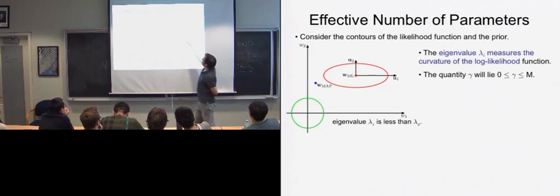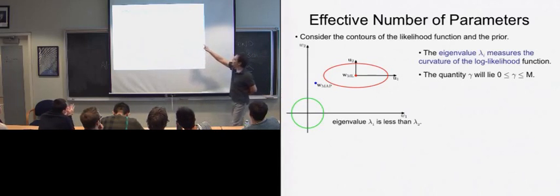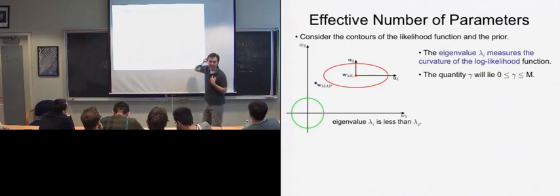The eigenvalues, lambda sub i, measure the curvature of the likelihood function. And this quantity gamma is going to be a number that lies between 0 and m, where m is the number of parameters in your model. So if you think about 9-degree polynomial fitting, then gamma is going to be between 0 and 9.